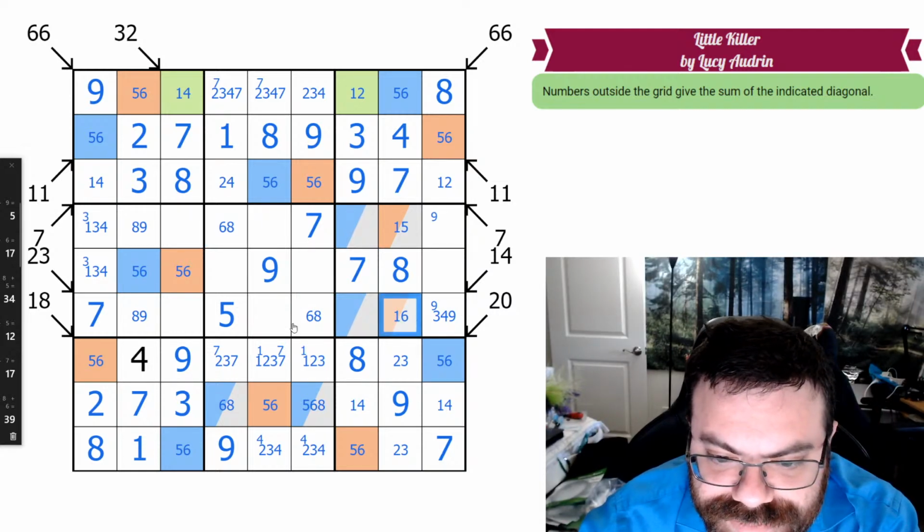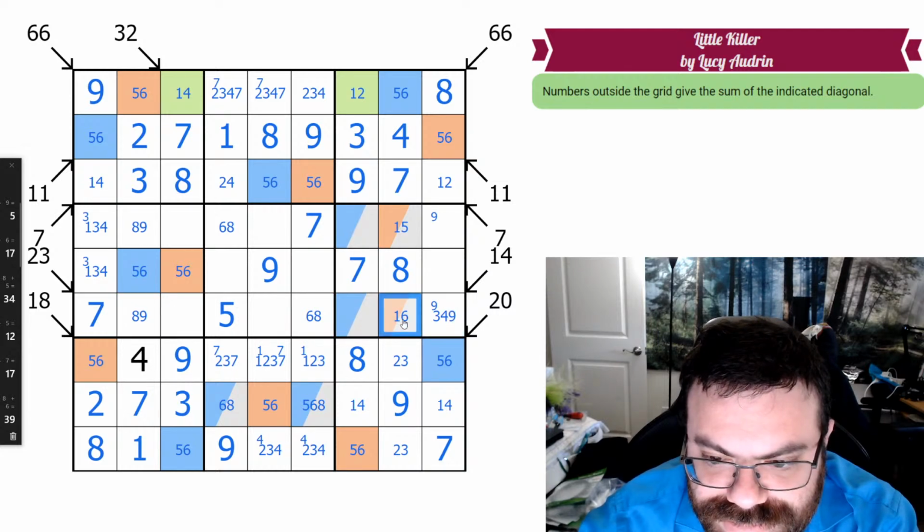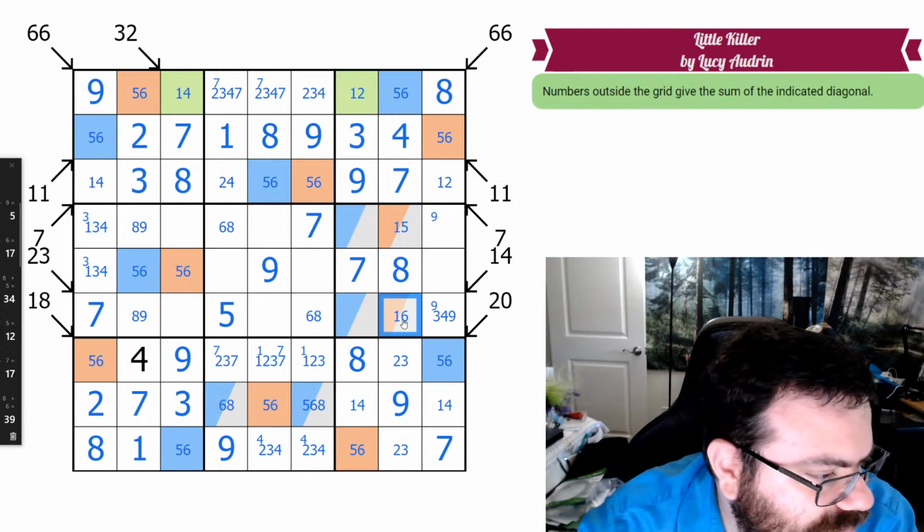Okay, so 6 here puts 8, 9 here, so this can't be a 9. Does that do anything?